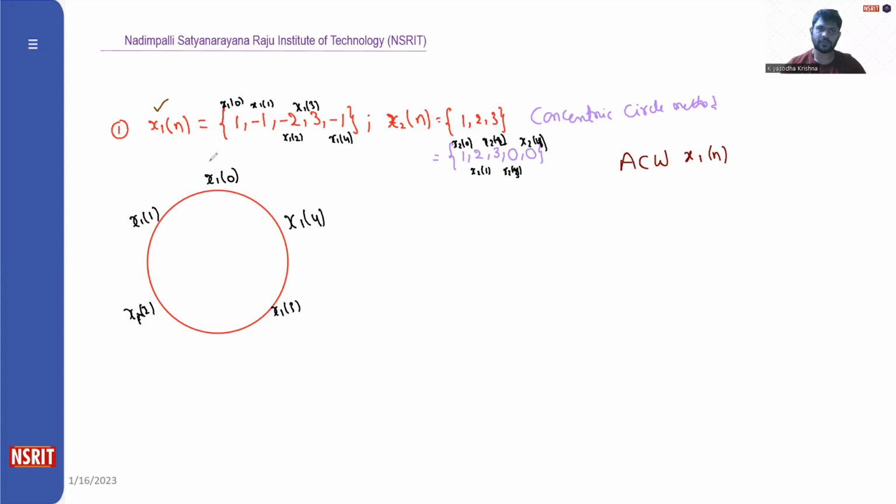Replacing the values: 1, minus 1, minus 2, 3, and minus 1. Now the second thing is to draw another circle.